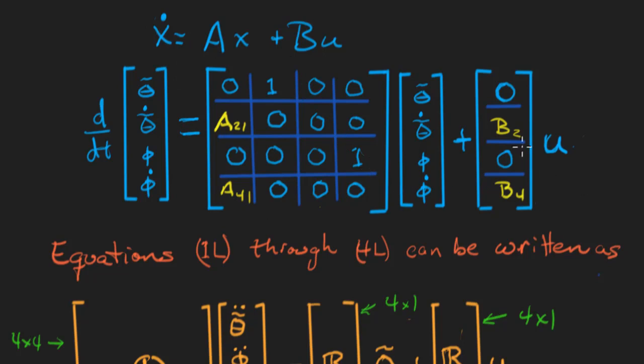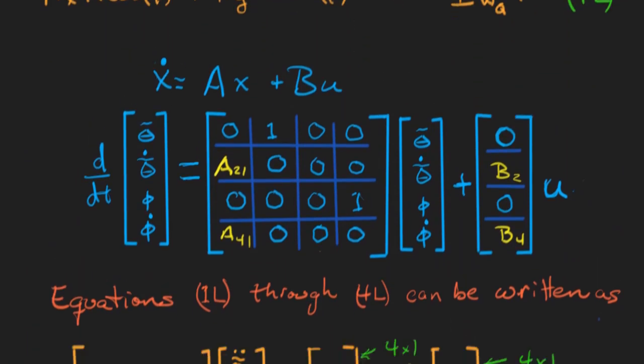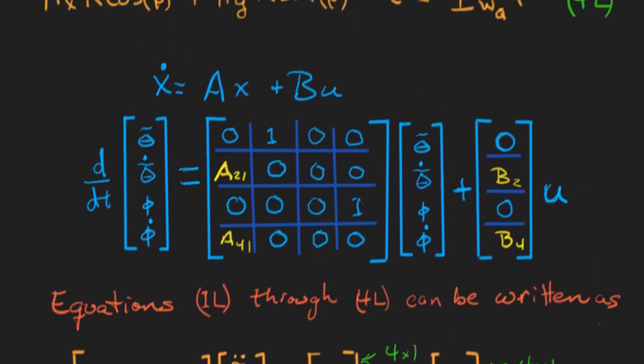Furthermore, the B2 and the B4, guess what? They are right here and right here. We'll get some other stuff in these two elements, but the ones in the first two rows are what we're after. This process is going to give us our system of linear algebraic equations with the control in there.